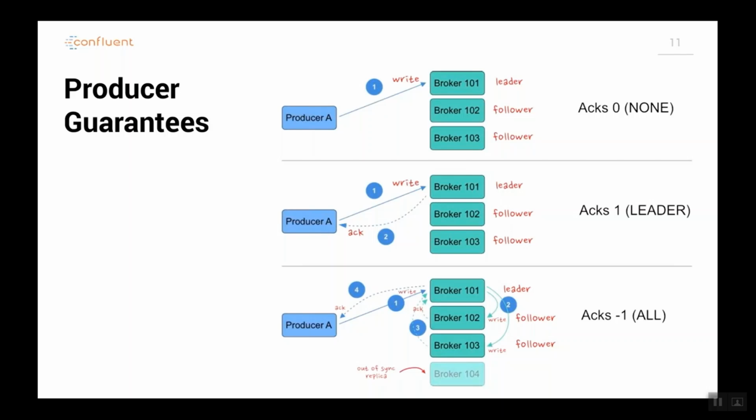So here we have to wait a little bit longer for the acknowledgement, but we have a much stronger durability guarantee. acks=all gives us the highest level of durability, but the lowest level of throughput. Of course, this is all relative. Kafka is a very high performance, high throughput system.